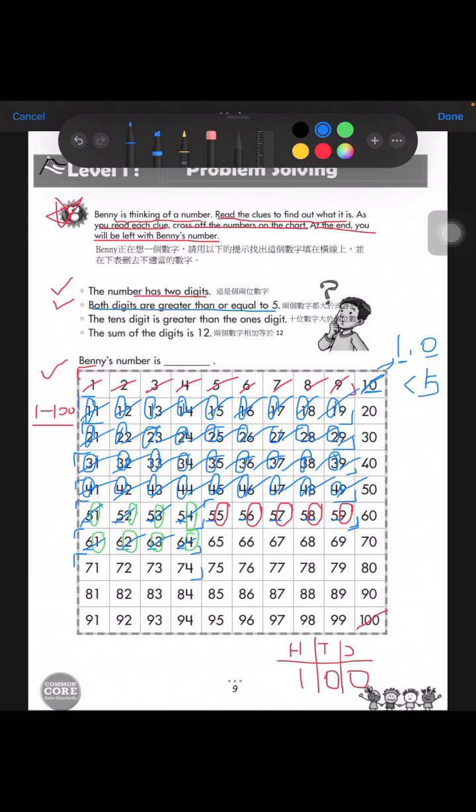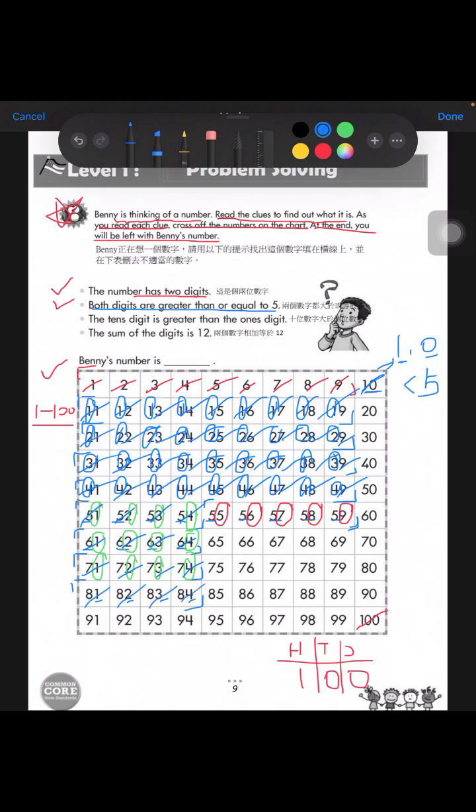From 71 to 74, it is the same because the digit in the 1 place is less than 5, so we can cross them out. Again, 81 to 84. The digits in the 1 place are also less than 5, so cross them out.